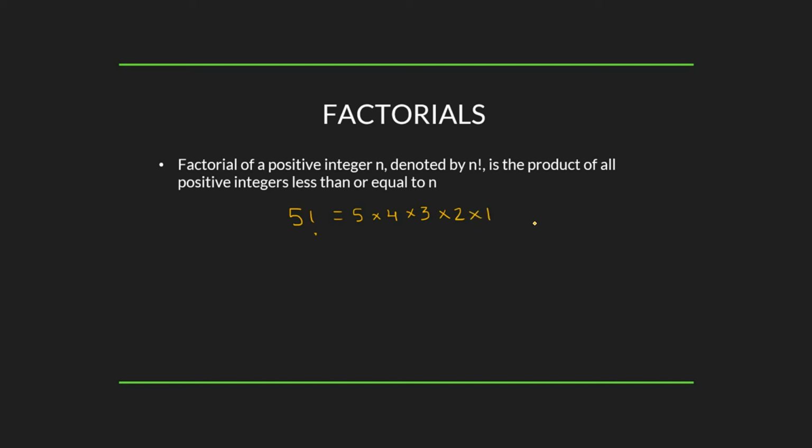That is equal to 120. So factorial of a number will be n into n minus 1 into n minus 2 up to 1. 0 factorial is interesting. It is commonly agreed that 0 factorial is 1.